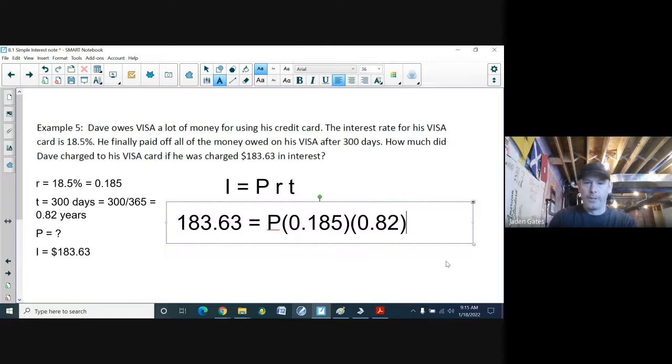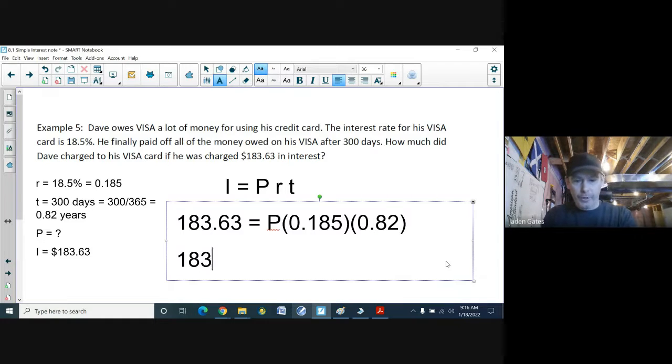All right, so now I want to simplify this. I still have my 183.63. That's not going to change. I've got three things that I'm multiplying, so I'm going to multiply the numbers.